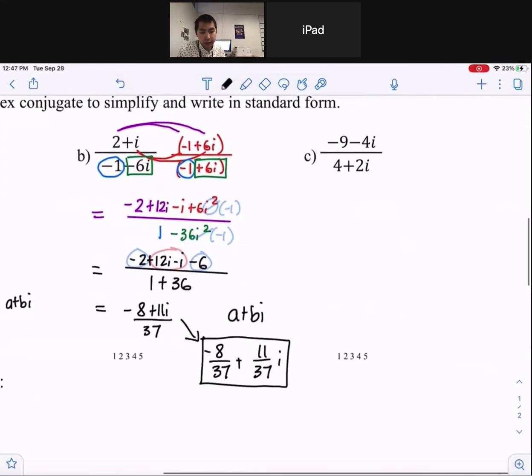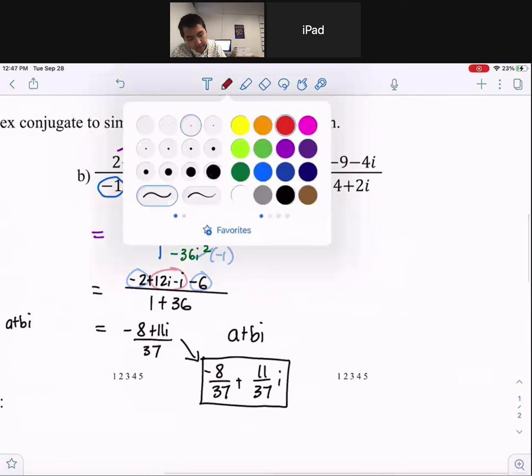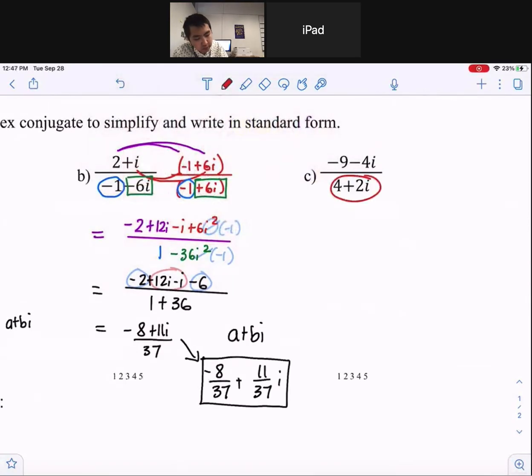Okay, for part C, last one. Multiply top and bottom by the conjugate of the denominator. The conjugate is 4 minus 2i. And now we do a double distribution on the top.